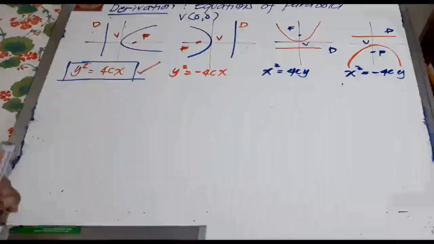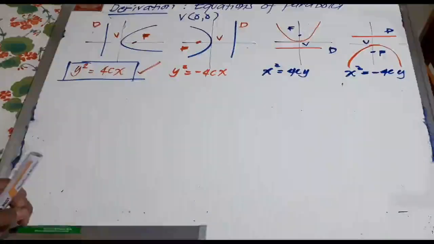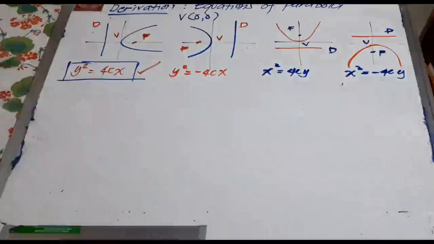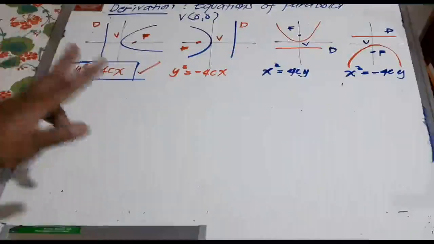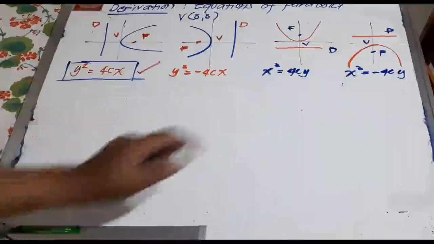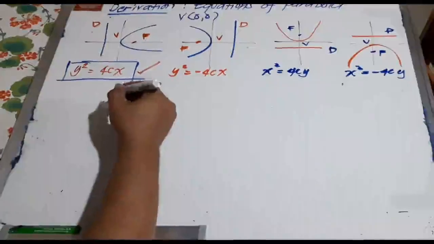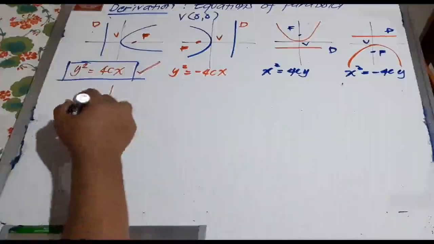Okay, we have still 3 equations of parabola na kailangan natin i-derive. But I'm going to derive one more equation and the other 2 equations will be your activity. Okay, how about this one? So I'm going to derive this equation. Okay. Kunin natin yung graph niya.